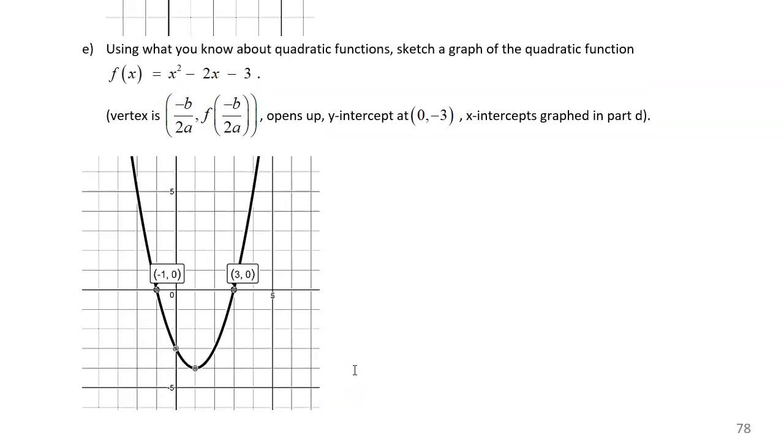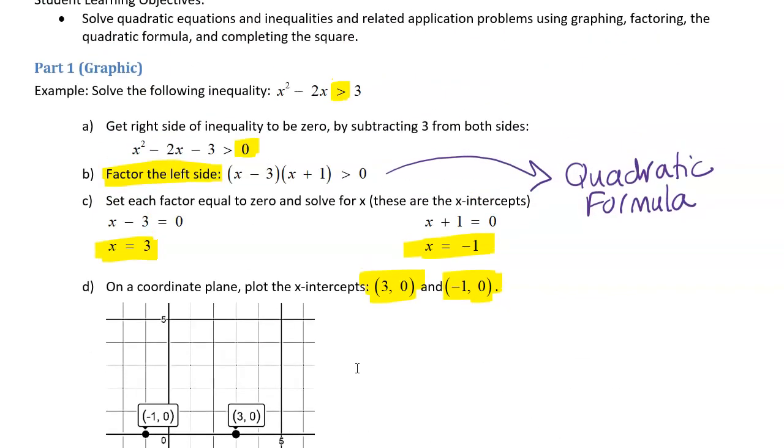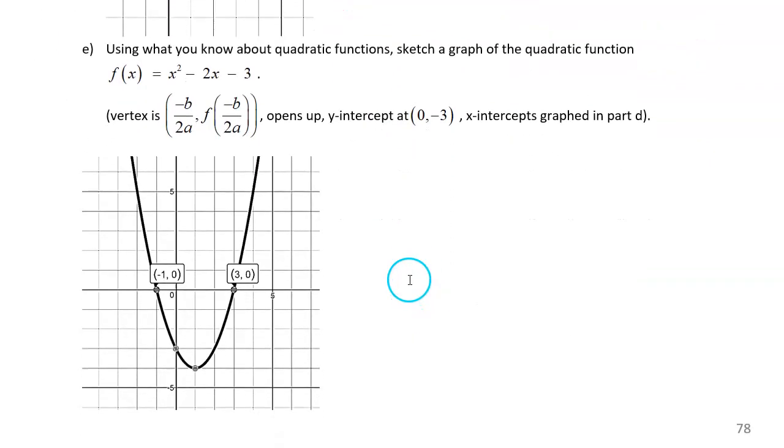Now, when you have an inequality, you have to pay attention to the actual sign of what it's telling you. So in this particular inequality, we are dealing with greater than 0. So that's going to be the part of the graph that is above the x-axis.